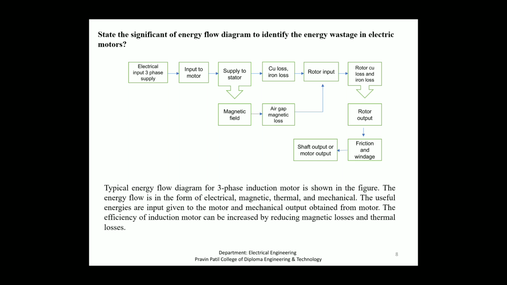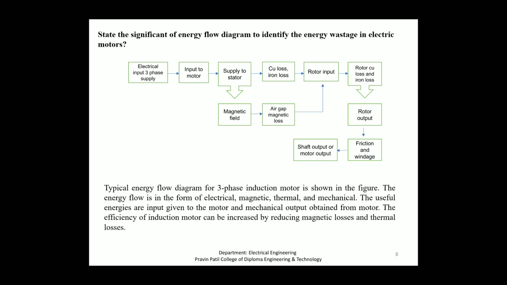The main function of an induction motor is to convert electrical power into mechanical power. During this conversion of electrical energy into mechanical energy, the power flows through different stages. This power flowing through different stages is shown in our power flow or energy flow diagram.